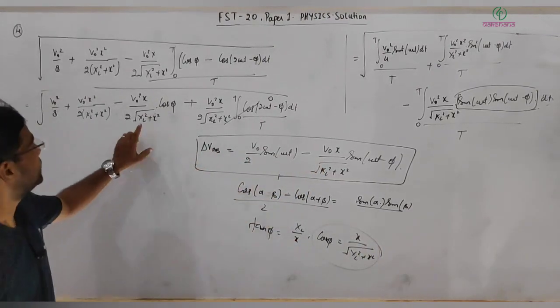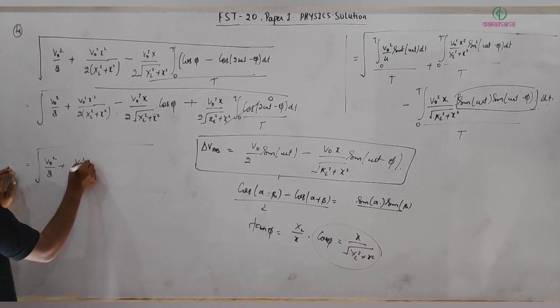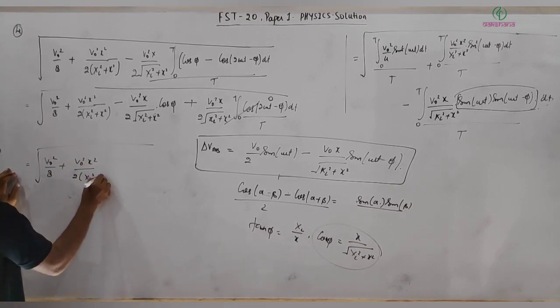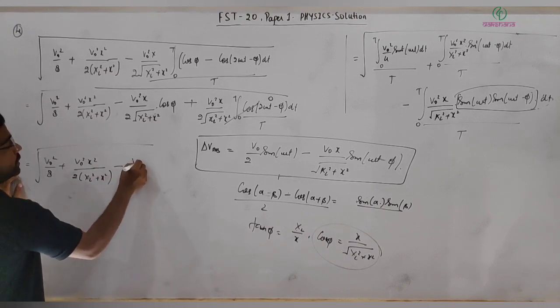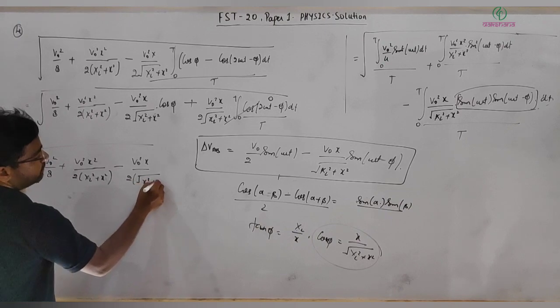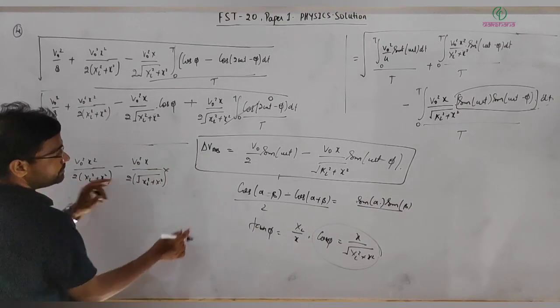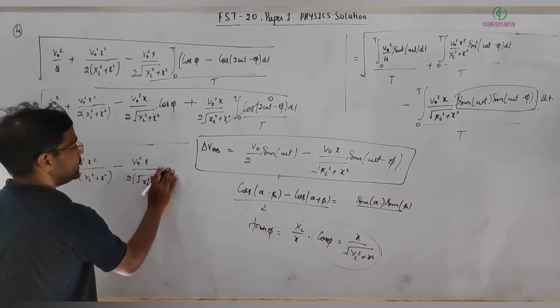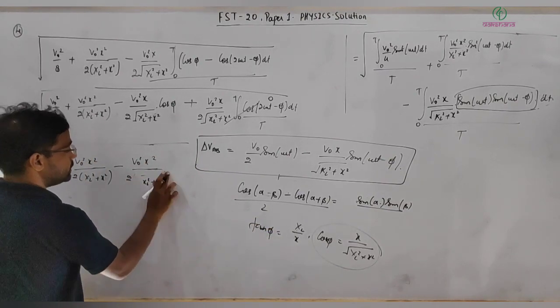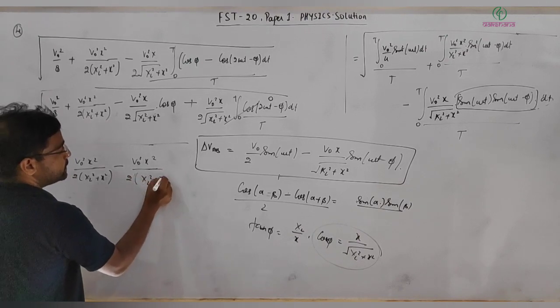So if I substitute it here, I get under root V naught square by 8 plus V naught square x square divided by 2 xl square plus x square minus V naught square x divided by 2 under root xl square plus x square into cos phi, and cos phi is that same, so it's exactly x square divided by xl square plus x square.